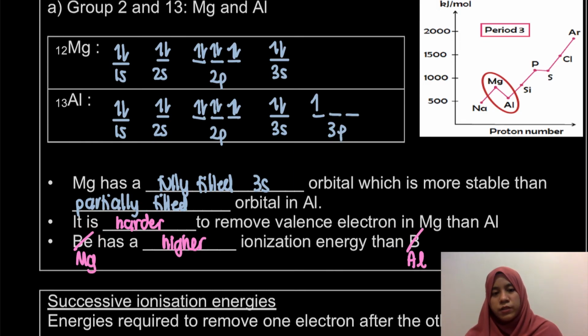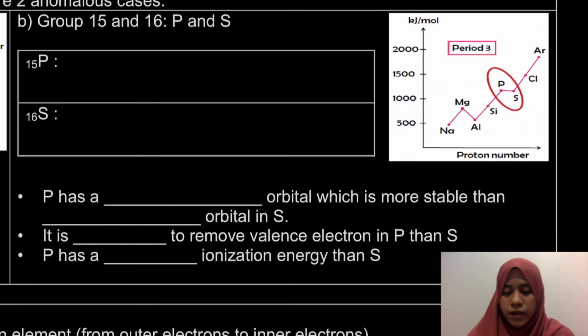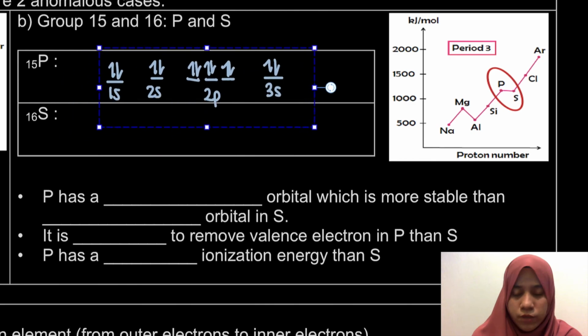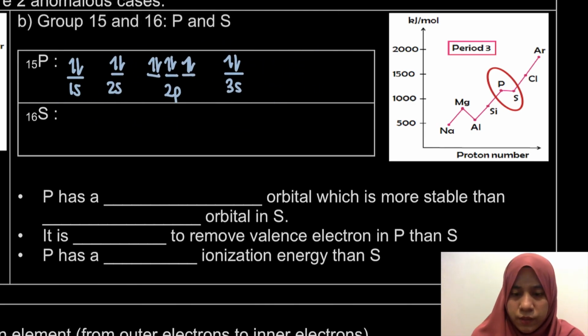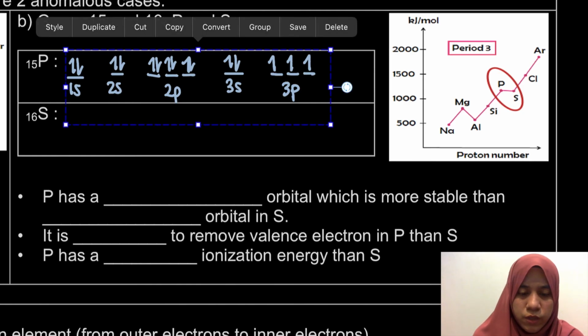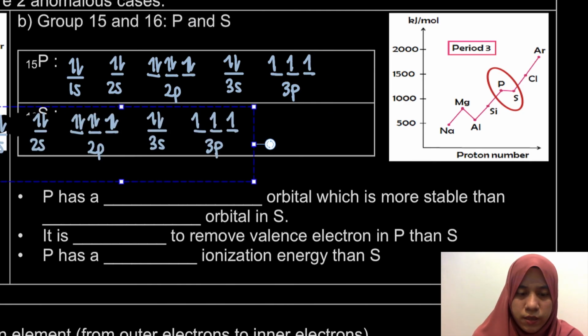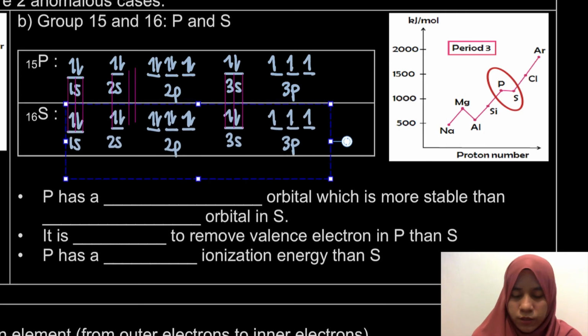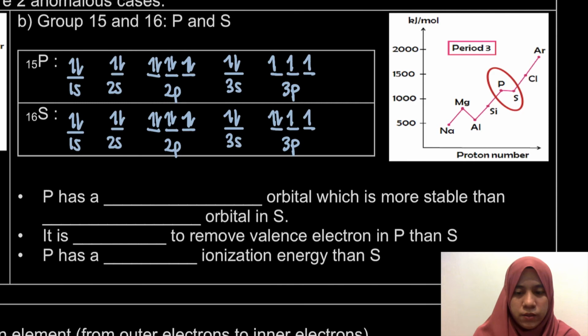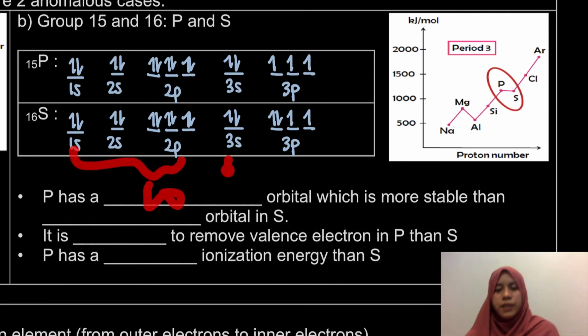Next, the case of phosphorus and silicon. So for silicon, here 3s, 3p, 1, 2, 3, 3p. So 12, 13, 14, 15. Here is for our phosphorus, for our silicon, 3p, 16. Is it enough? Then this 6, so 16.